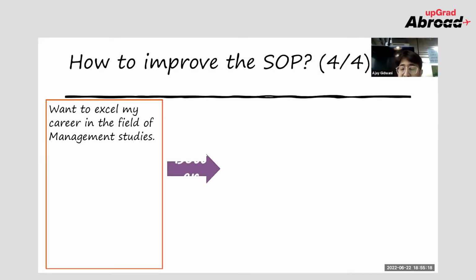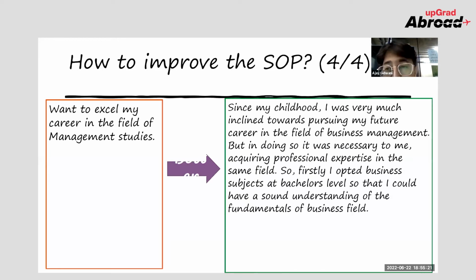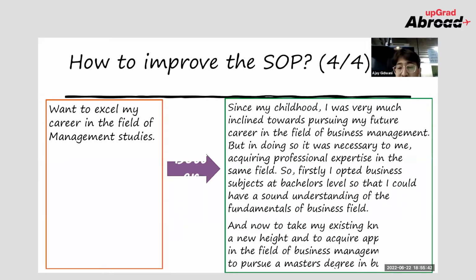Yes. So it is written as, since my childhood, I was very much inclined towards pursuing my future career in the field of business management. But in doing so, it was necessary for me to acquire professional expertise in the same field. So firstly, I opted for a business subject at bachelor's level so that I could have a sound understanding of the fundamentals of the business field.